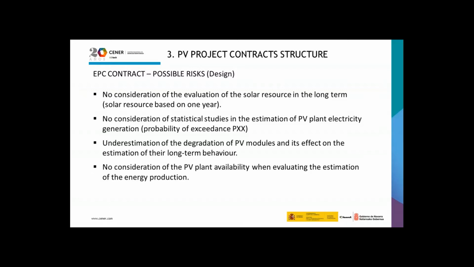The no consideration of statistical studies in the estimation of the PV plant electricity generation, the underestimation of the degradation of PV modules and its effects on the estimation of their long-term behavior, and the no consideration of the PV plant availability when evaluating the estimation of energy production.